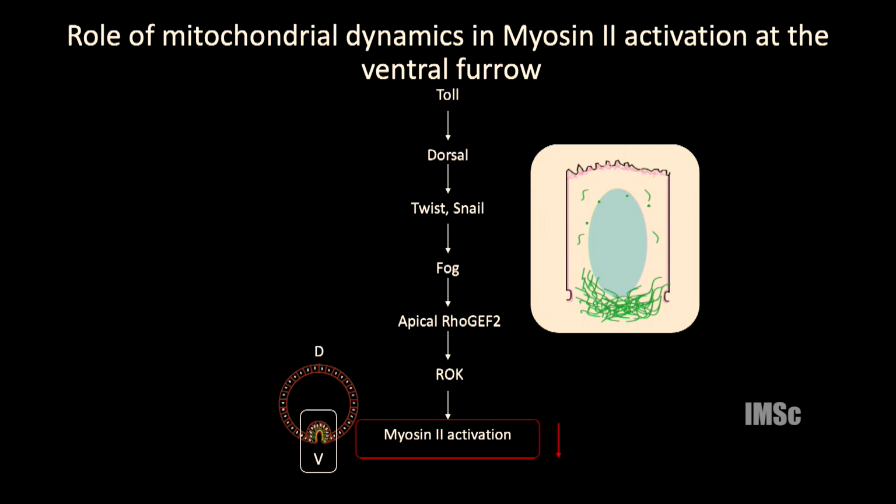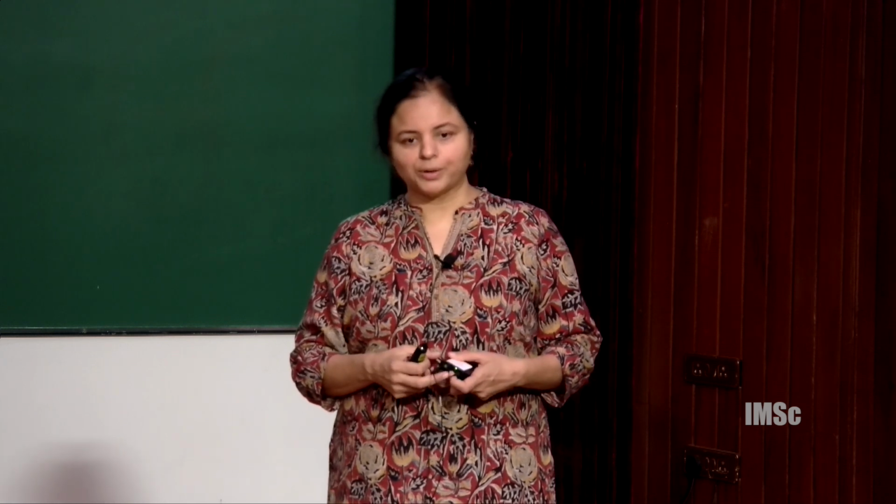So how do you change the shape of mitochondria? Mitochondria are very dynamic organelles. They keep fusing and dividing. The fusion and fission is regulated by a class of proteins, the dynamin family of proteins. There are dedicated proteins for fusion and dedicated proteins for fission of mitochondria.